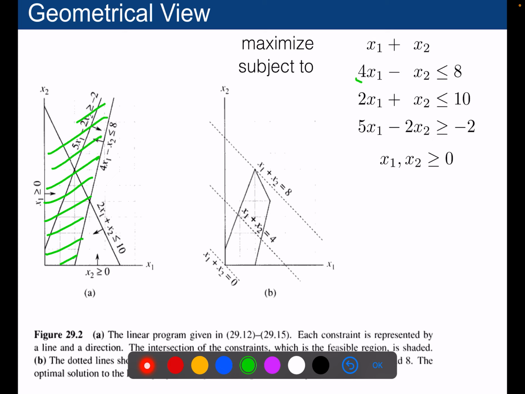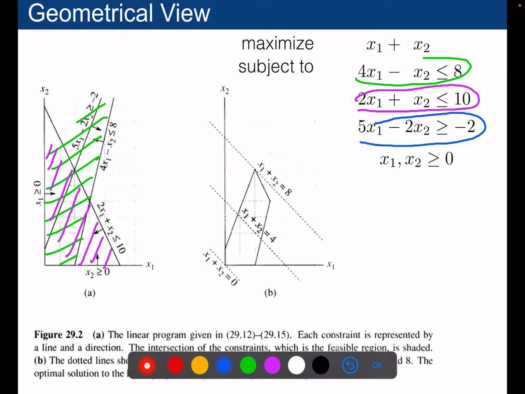Then if you take this constraint, you have another feasible region, which is the one represented here. And finally, if I take this constraint, I would have the region which is the blue one, which is here.